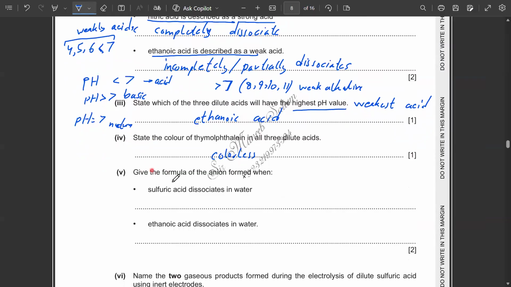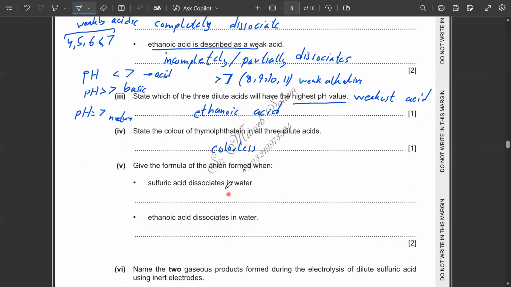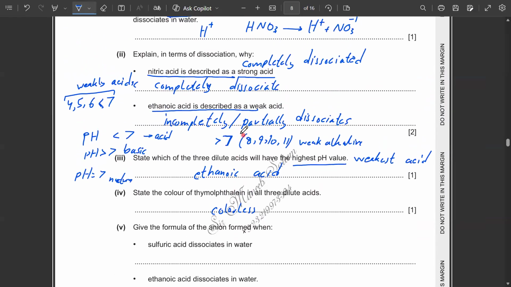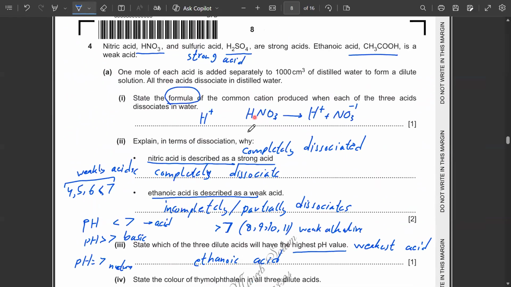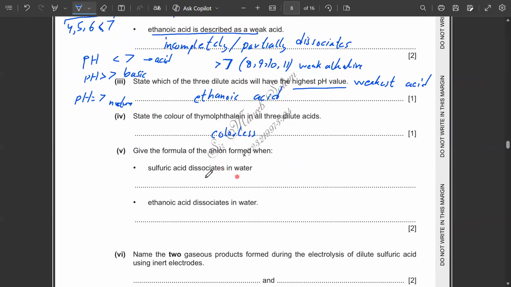Then part 5, give the formula of the anion formed when sulfuric acid dissociates in water. So just like I mentioned the equation for nitric acid, I need to write a similar equation for the dissociation of sulfuric acid. Sulfuric acid is H2SO4.